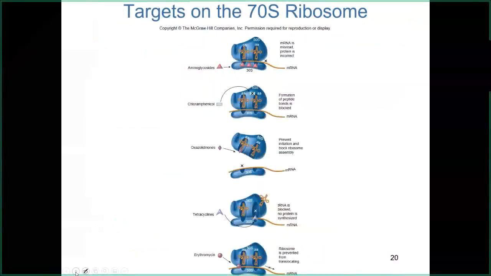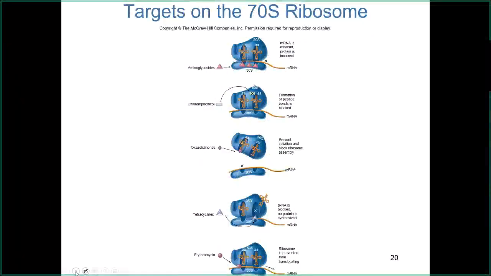So yeah, this shows all of the different possible targets of the 70S ribosome. These little symbols here stand for the different drugs and where they go, how they get involved in disrupting this whole thing. So all of these are things that disrupt the process, in this case, of translation.